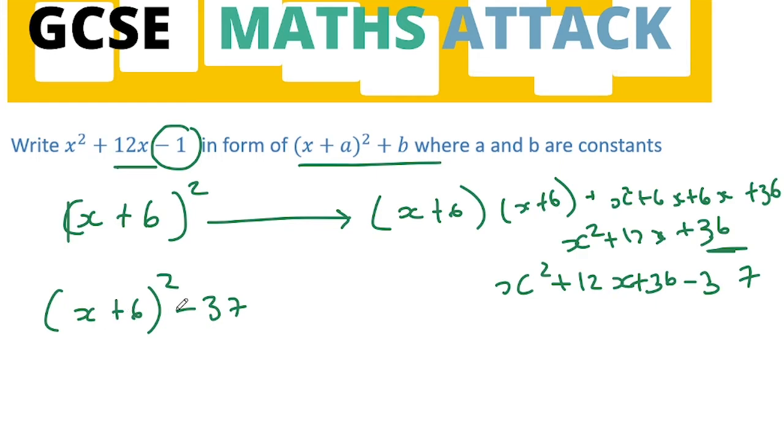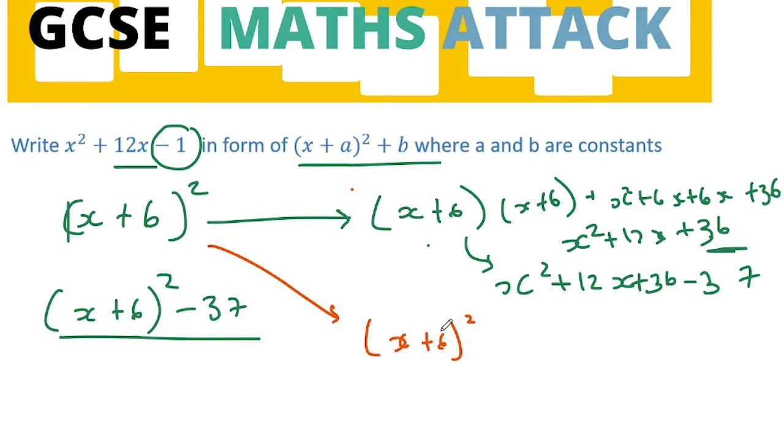Okay, and you don't necessarily have to do this method of expanding the bracket and trying to figure it out. You can do another method, which is, if I just look at this, I got x plus 6 squared. I can do 6 squared, which is 36, but I subtract 36 because I know I'm going to get 36 over here.